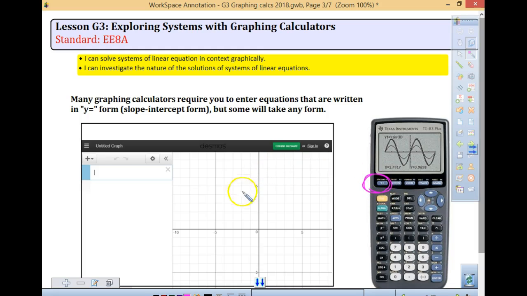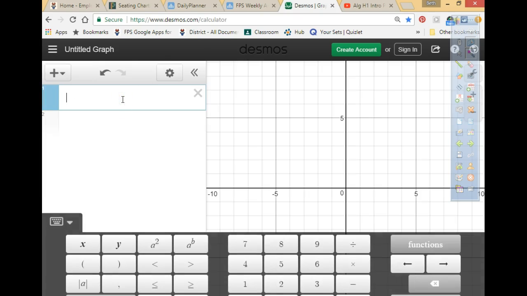So if you would please right now take your computers out and go to Desmos.com. Just type that in. As I write my first equation from my notes on page 7, I am going to write y equals, and you can use your keyboard.